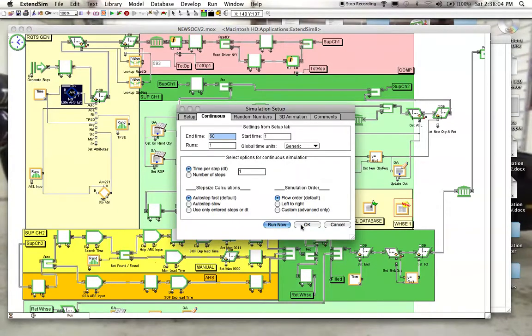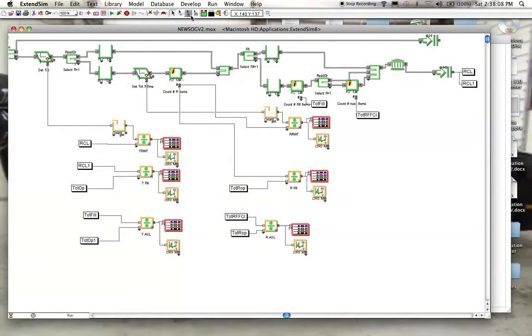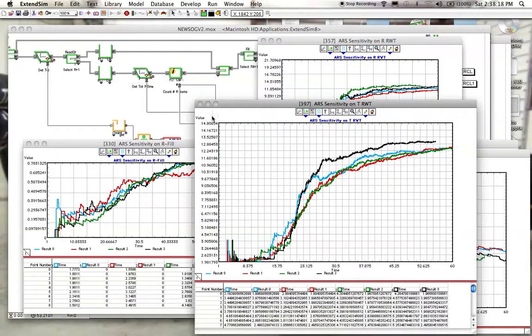And then start looking at some output, not only graphically, but also the classic mean and standard deviation. So that black line, for example, is TRWT.